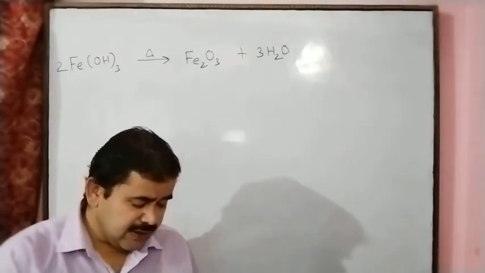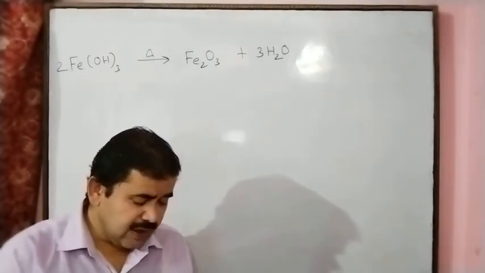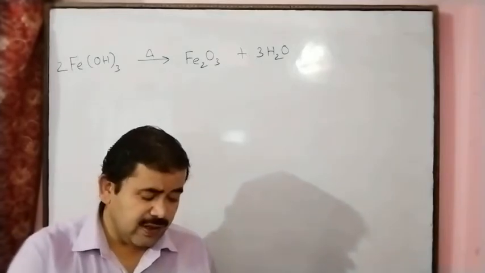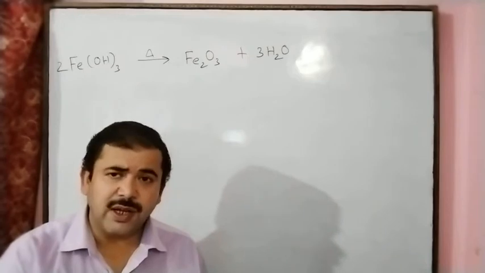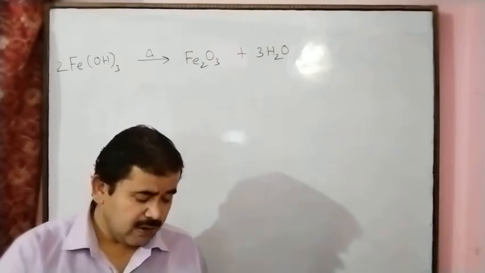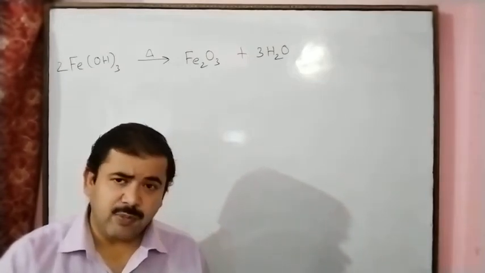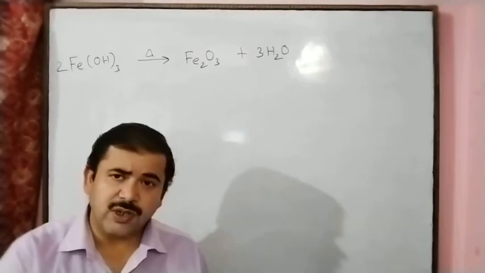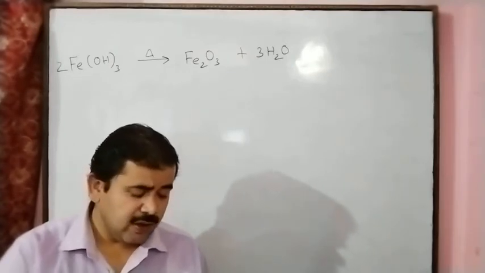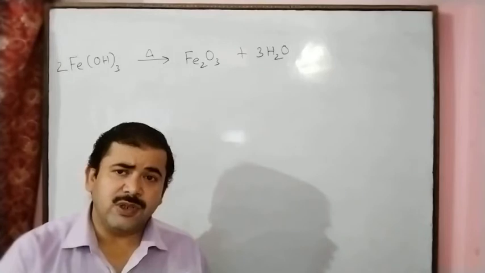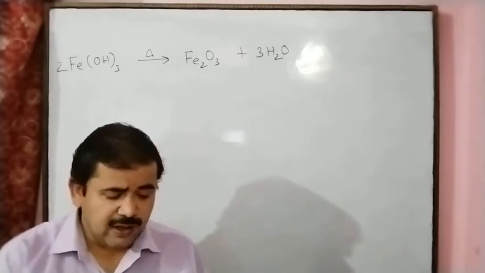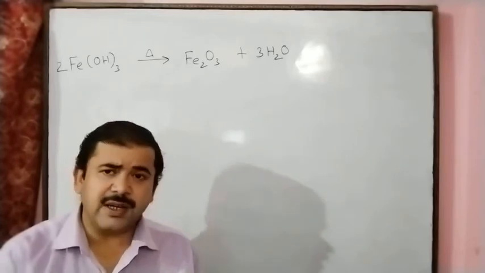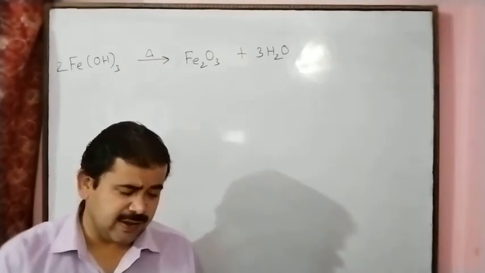After this, the nitrates. Silver nitrate decomposes into silver, nitrogen dioxide and oxygen. Calcium nitrate decomposes into calcium oxide, nitrogen dioxide and oxygen. Potassium nitrate decomposes into potassium nitrite and oxygen. So many examples are given for the decomposition reaction.